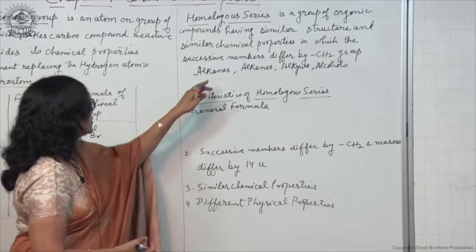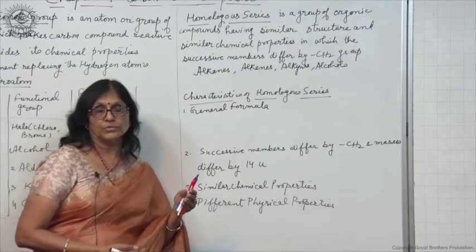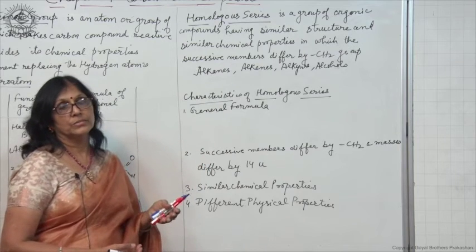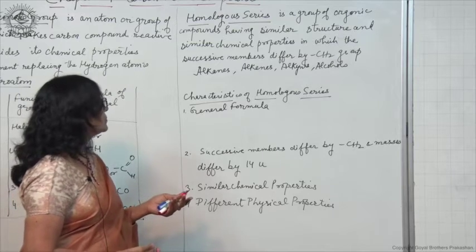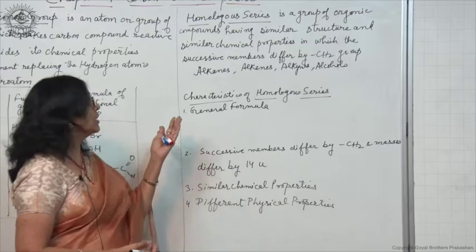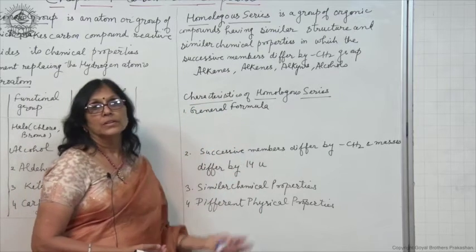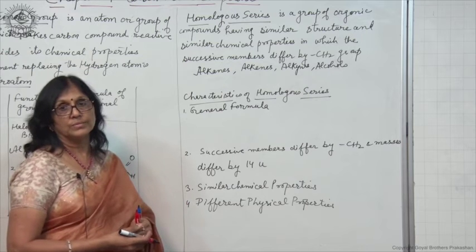Like the first member of alkane is methane, CH4, ethane, C2H6, propane, C3H8. Now you will think how to write the formula of so many alkanes and so many alcohols. How to remember all these formulas?